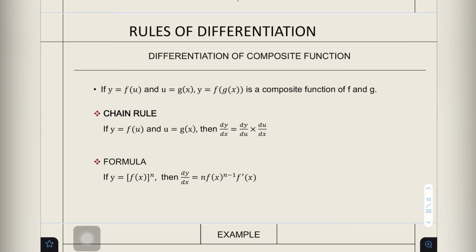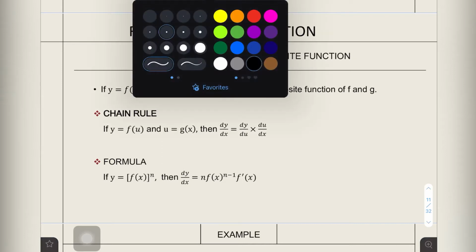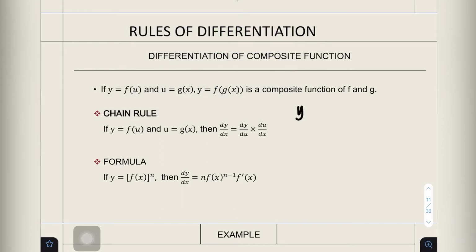For example, if I have one function, let's say y equal to (7x^2 + 3)^5, you can see it as one function, but it's actually two different functions.